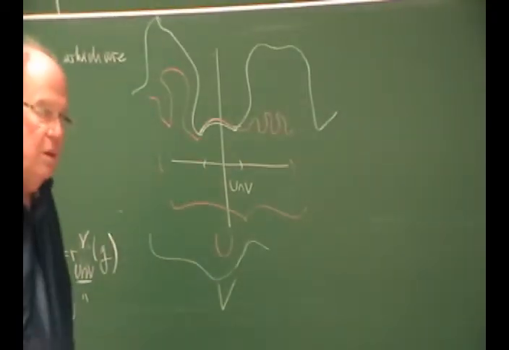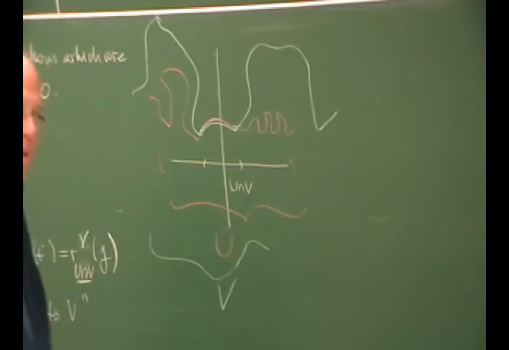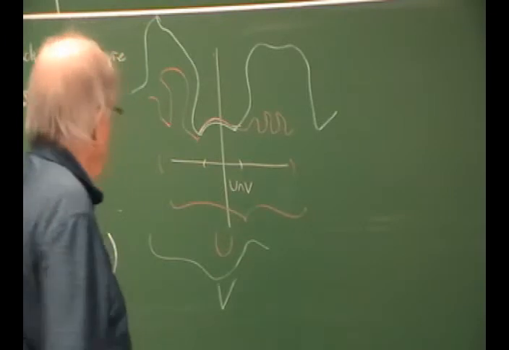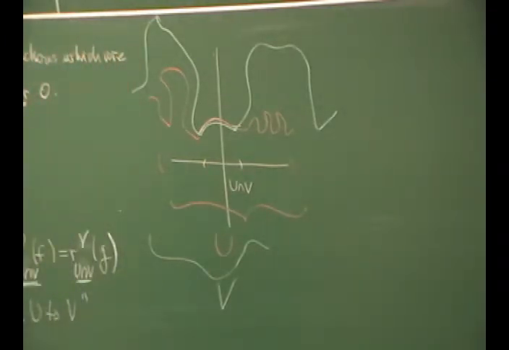Is it really an equivalence relation? Because we might take a third function that intersects with V but doesn't intersect with U. Does everything still work out? Trivially, if the intersection is empty.